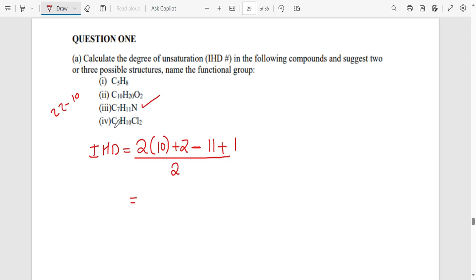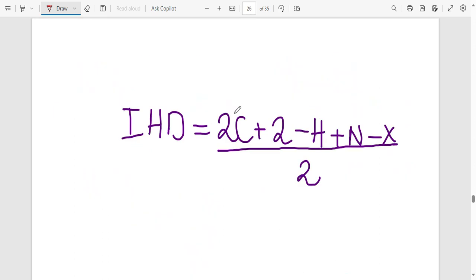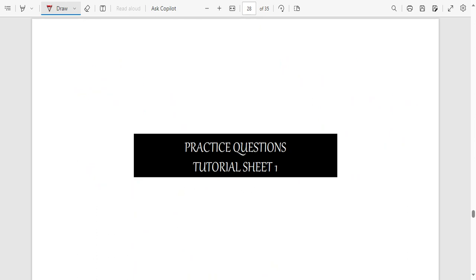Oh, there's something, okay, let me first go on. 22 minus 10, what is that number? Is it 12? 12 over 2. So there's something that I've not even included there: 2 times C plus 2 minus H plus nitrogen minus halogens.